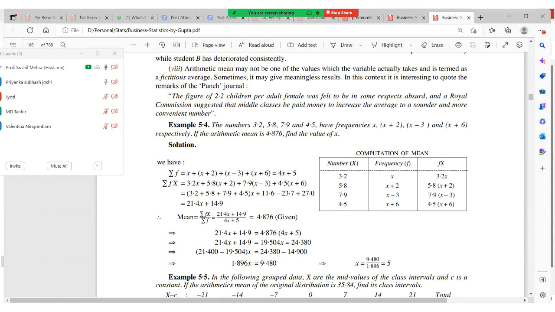Fine. So how to calculate the mean? Mean is the summation of fx upon summation of f, right? Mean is already given as 4.876. Summation of fx, if we add all these numbers, comes to this. Put it here. Summation of f is adding all this. We get this. Cross multiply, and on solving this, we get the value of x.